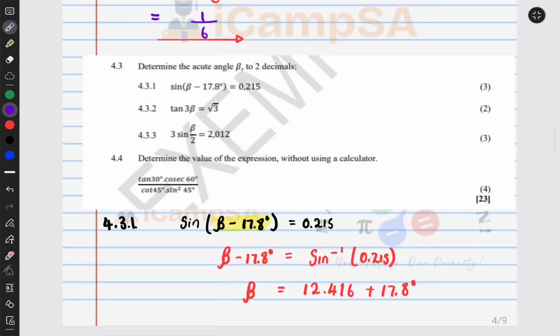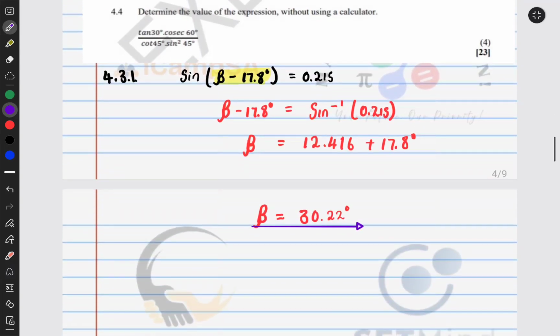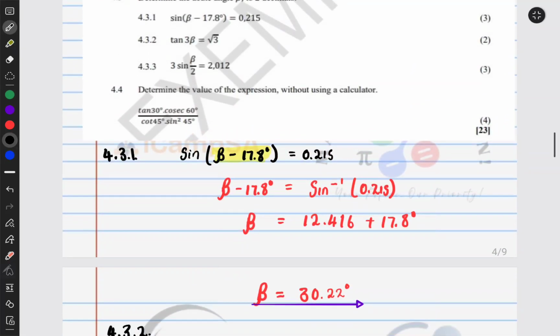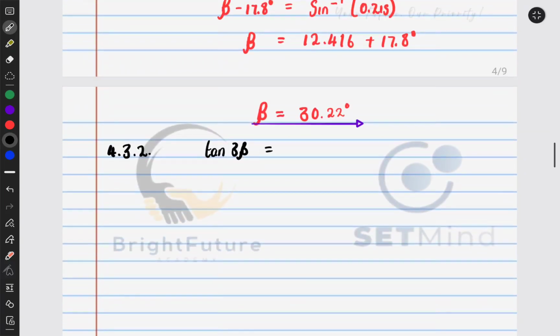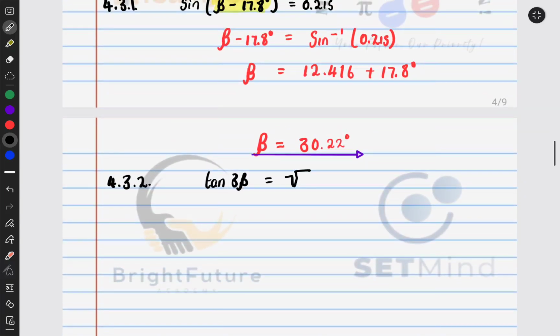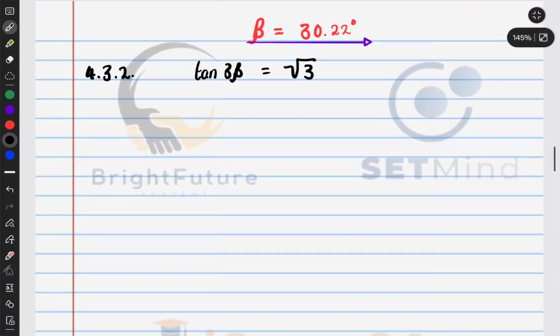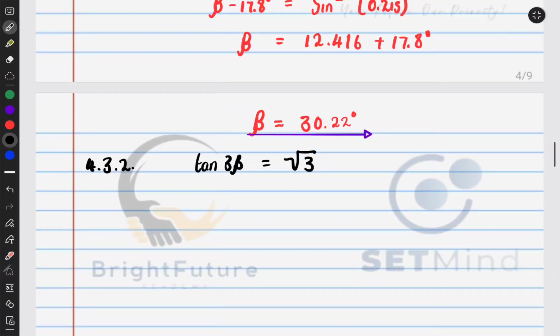Okay, and then next we have to determine beta where tan 3 beta is equal to root 3 for 4.3.2. So we have tan 3 beta is equal to root 3. First thing first, we take the tan to the other side.